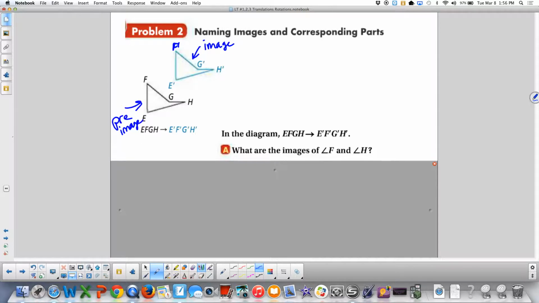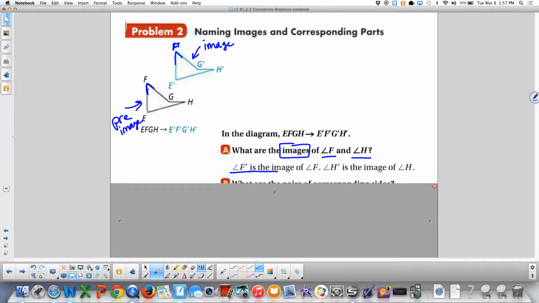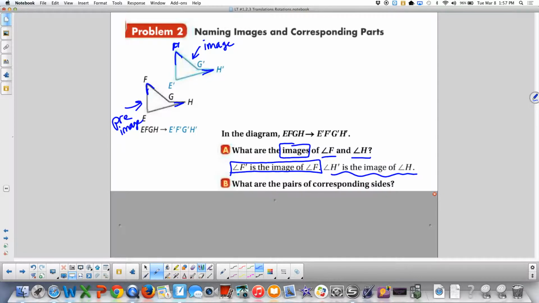And we can see here, what are the images of angle F and angle H? Well, angle F became angle F prime, and angle H became angle H prime. So we say H prime is the image of angle H, and angle F prime is the image of angle F. It is that easy.